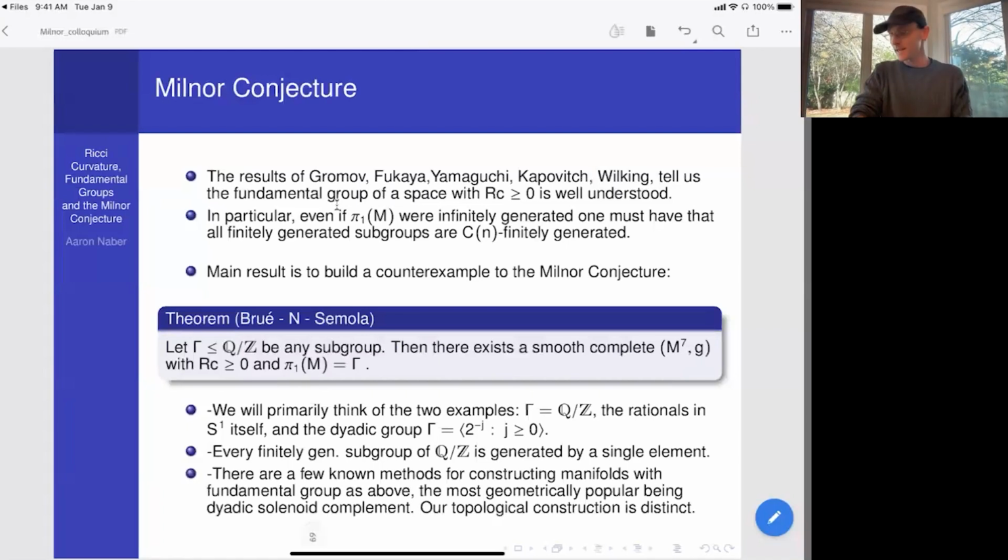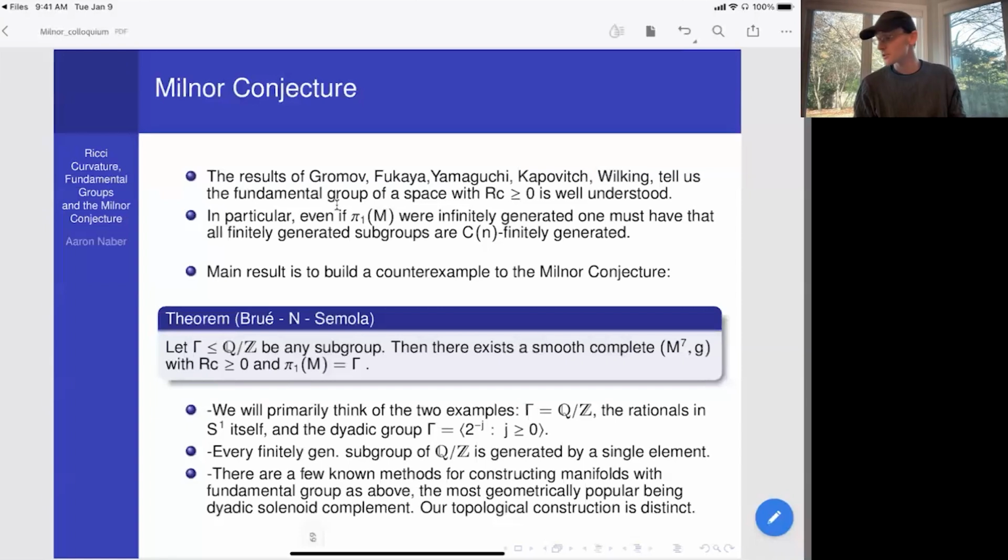And it's worth pointing out the following. If you've never thought about this before, then even building any manifold at all with Q mod Z as a fundamental group is a little wonky. There are some known topological methods for doing this. Probably the most geometrically popular one that people would talk about is the Dirac solenoid complement, which lets you build such a space.